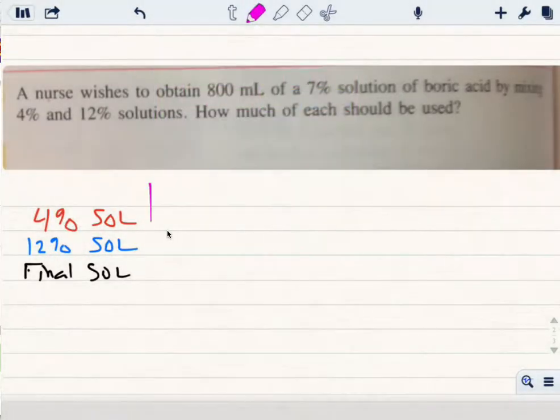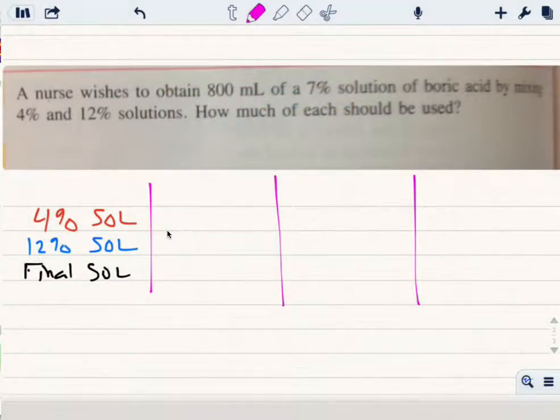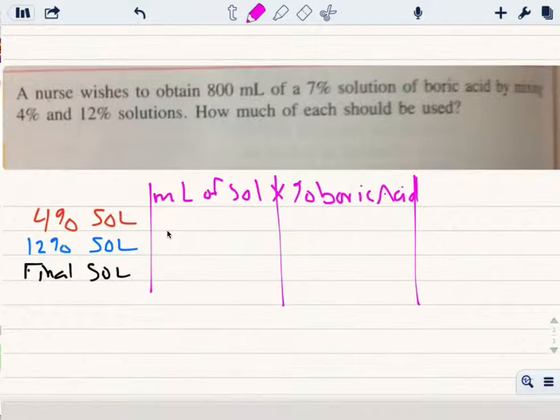So in our box, we want to know milliliters of solution, times our percent boric acid. That'll equal the milliliters of boric acid.